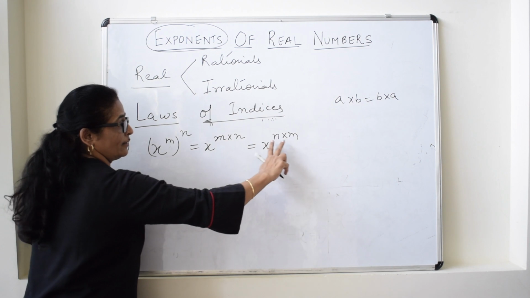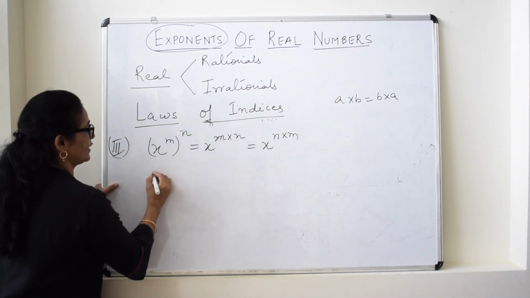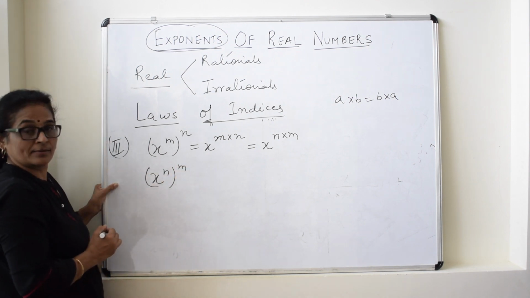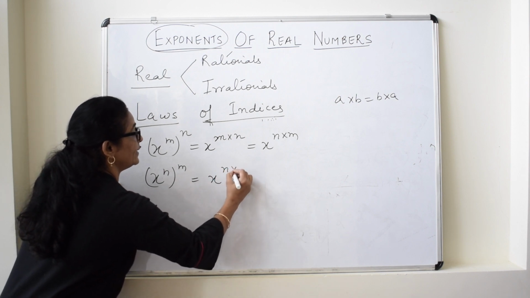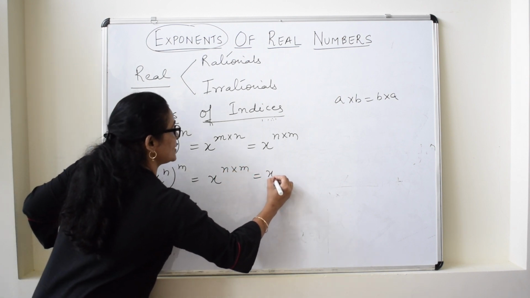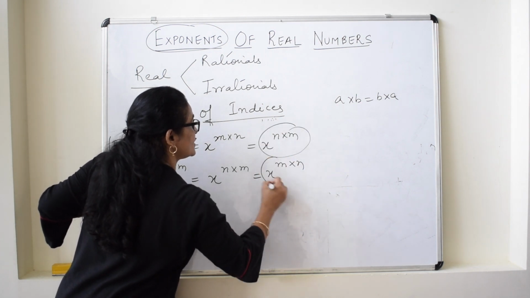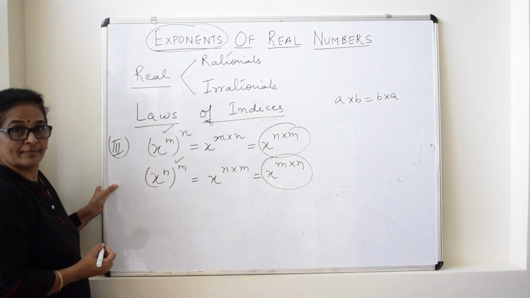That m into n is n into m. So the same thing we can also write as like this. What will be the answer according to the law? X raised to the power of n into m, or x to the power of m into n. So these two are same. It means these two are also same.